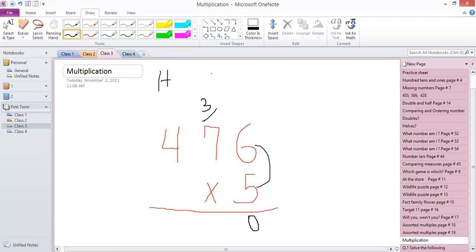Now it became 100. Now what do you need to do after multiplying 5 by 6? 5 by 7 now. 500. 5 multiplied by 7.